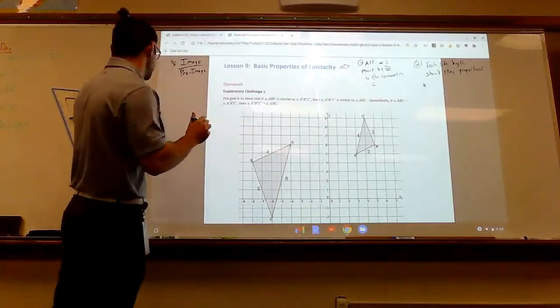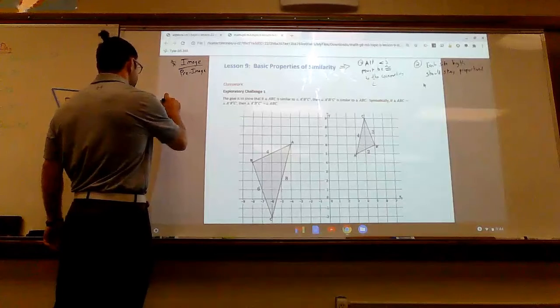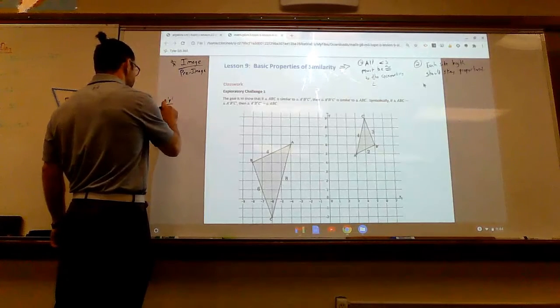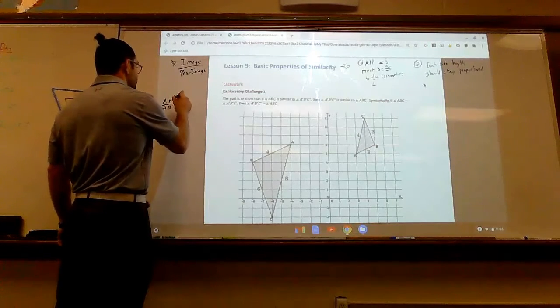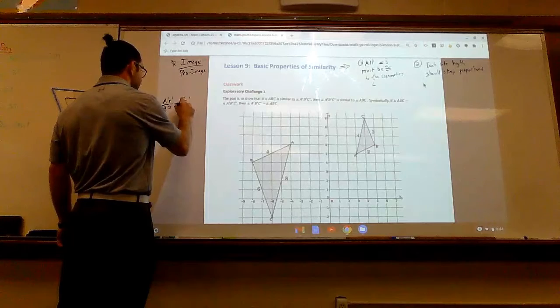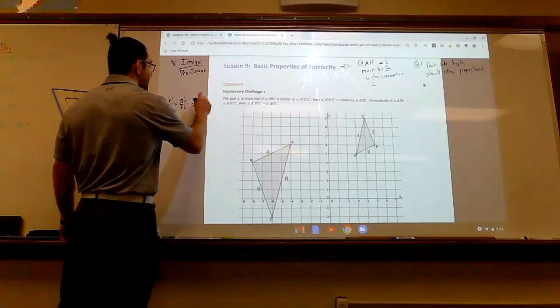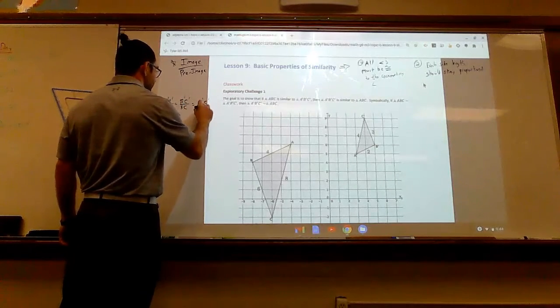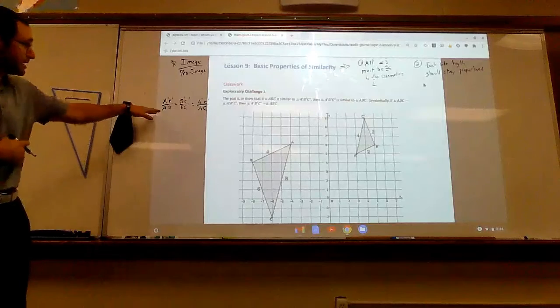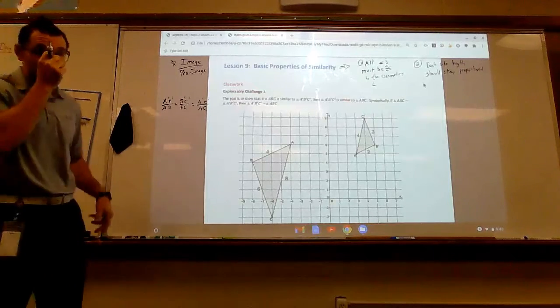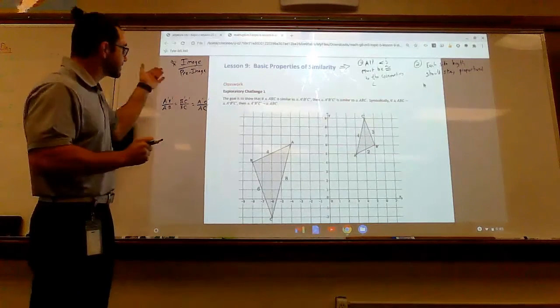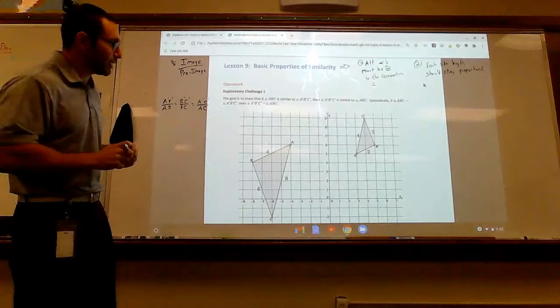That's called a reduction. So now I've got A prime, B prime divided by AB. Image, pre-image. B prime, C prime divided by BC. And A prime, C prime divided by AC. This is what it means to be proportional, because this is how we find the scale factor. Remember, the scale factor is the image divided by the pre-image.